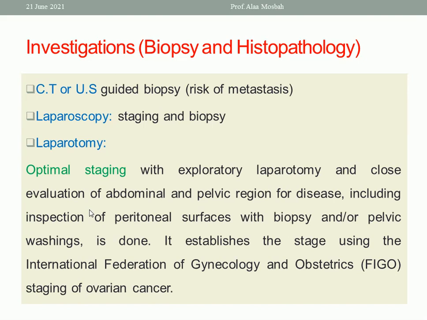Laparotomy is actually the best optimal staging, with exploratory laparotomy and close evaluation of the abdomen and the pelvis, looking at the peritoneum in the pelvis and the abdomen, omentum, pelvic organs, undersurface of the diaphragm, liver, spleen, colon, so any implants or any metastasis can be detected, and do staging.